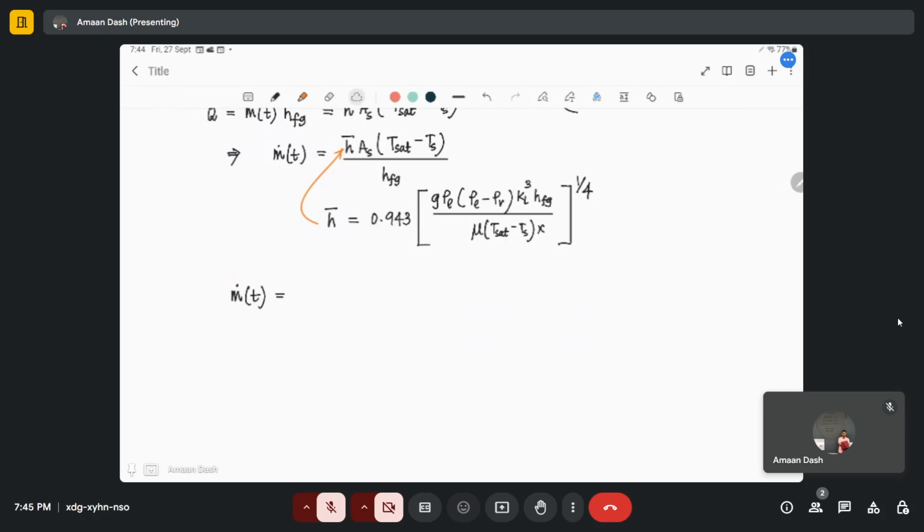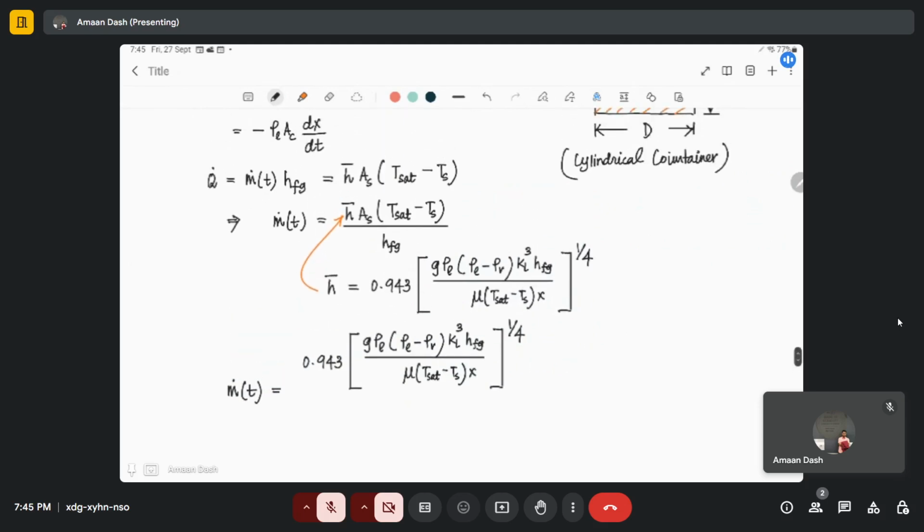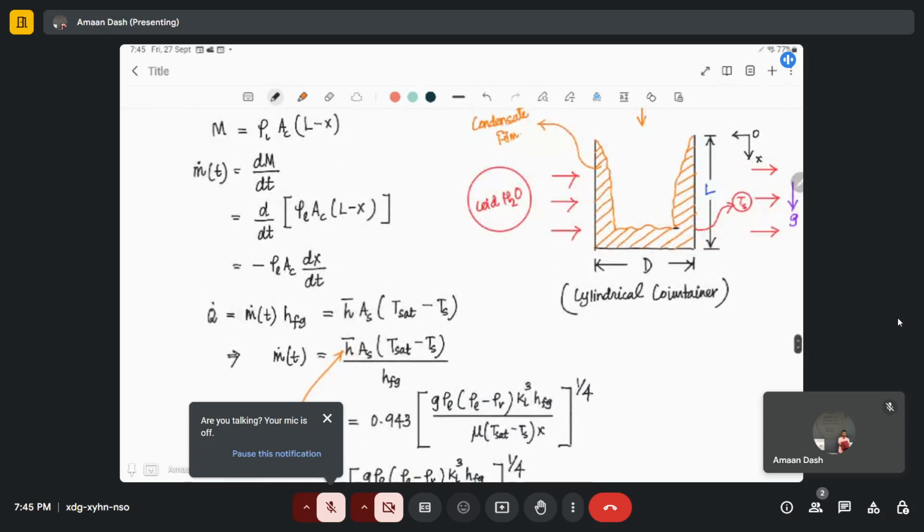So let me just copy it. And then we will multiply it with the curved surface area, that is pi times d times x, because this area is only the region where we don't have the liquid.